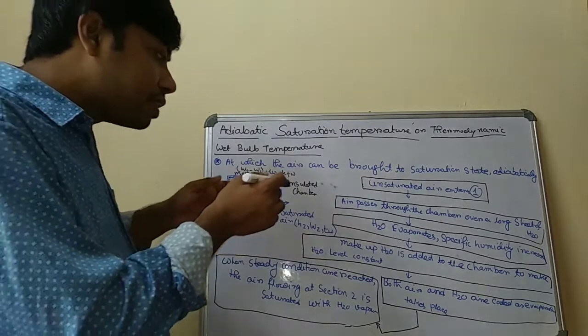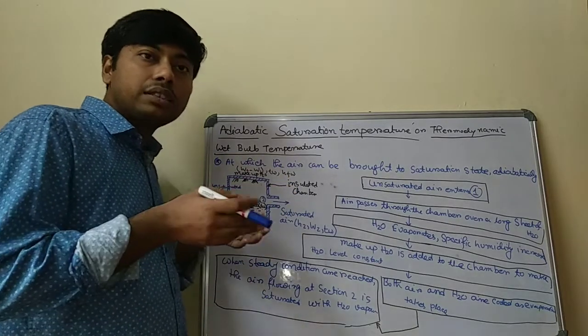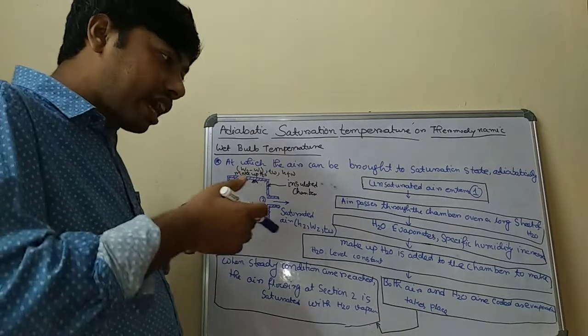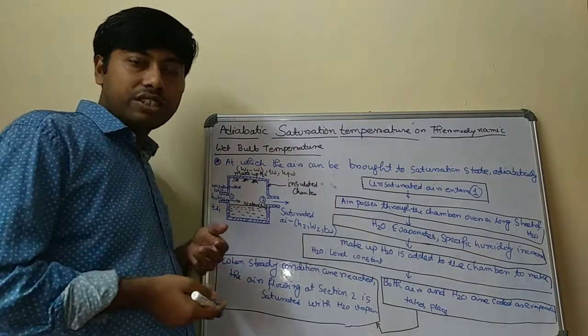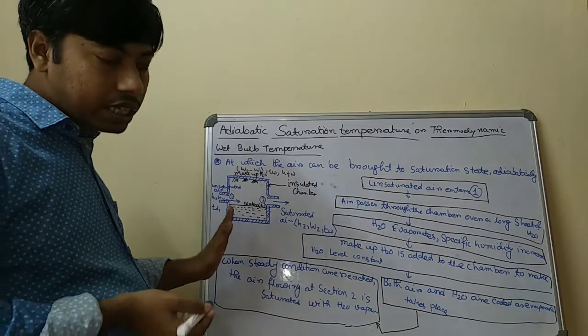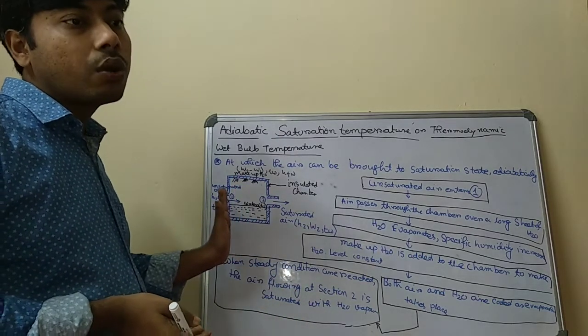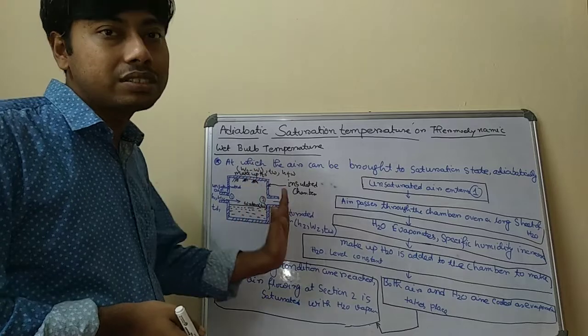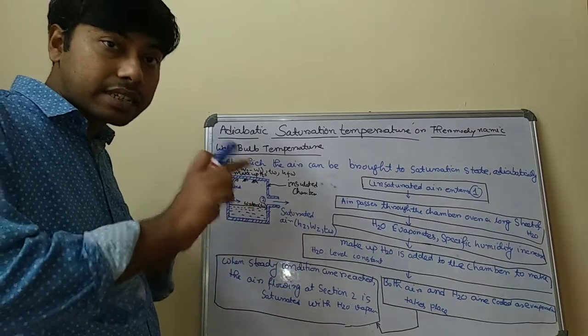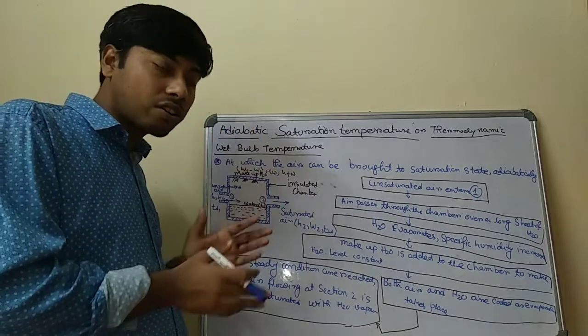This process continues until the energy transfer is equal, when they reach steady state conditions. Steady state means the unsaturated air has gone from the unsaturated condition to the saturation state.